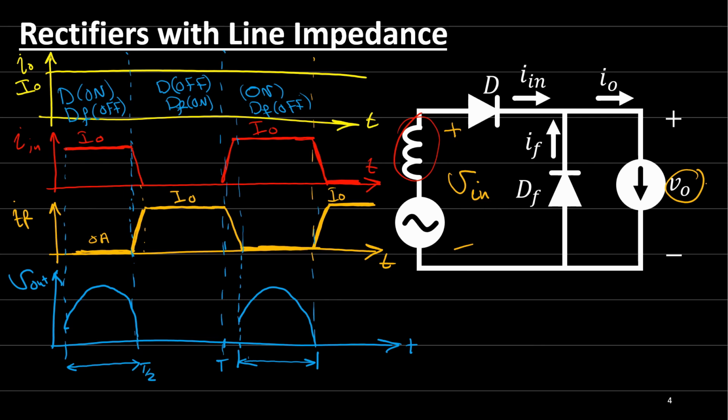Now, from here to here, at the transition time, diode 1 and the freewheeling diode are both on. So the input voltage is 0 and the output voltage is also 0, because the freewheeling diode will be a short circuit.